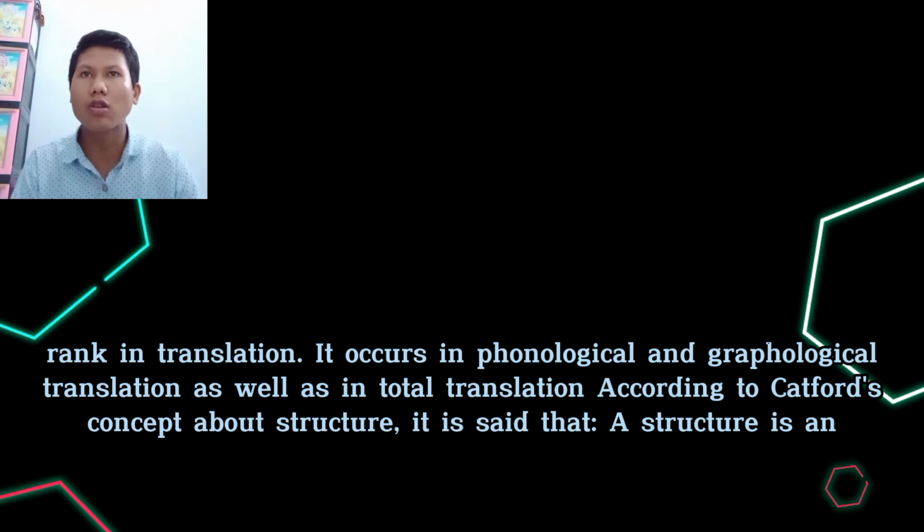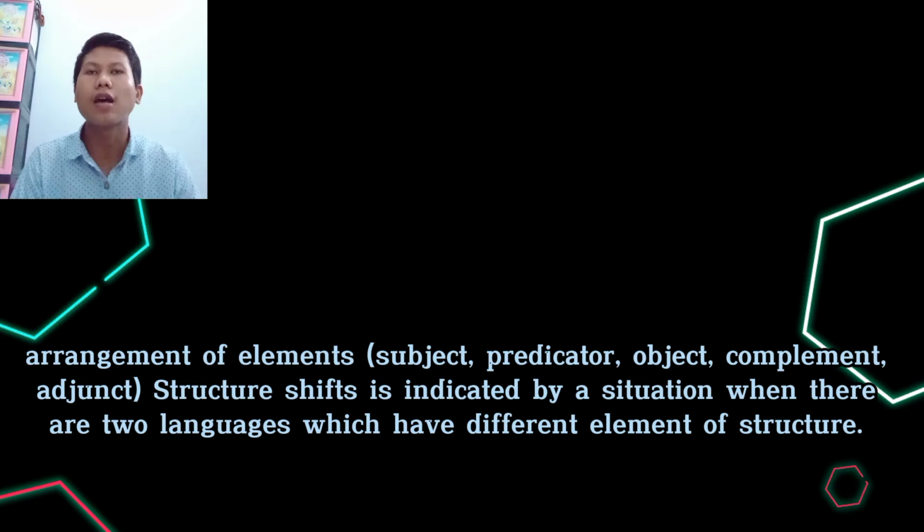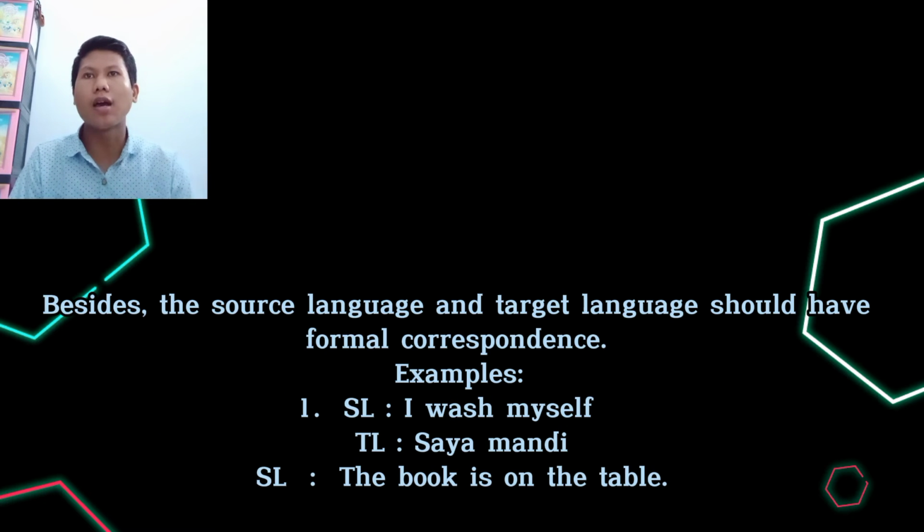According to Catford's concept of structure, a structure is an arrangement of elements such as subject, predicator, object, complement, and adjunct. Structure shift is indicated by a situation when two languages have different elements of structure. Besides, the source language and target language should have formal correspondence.